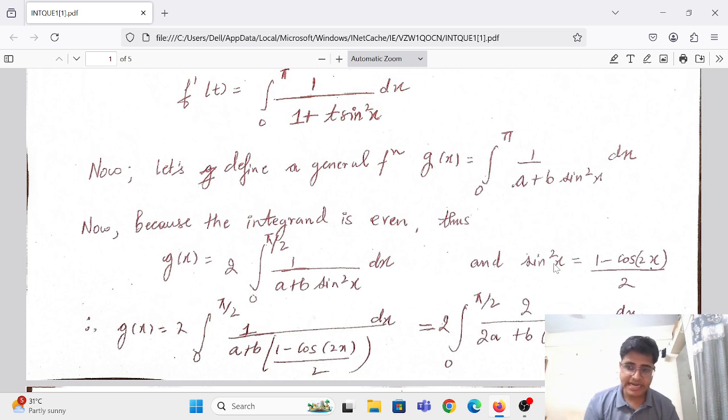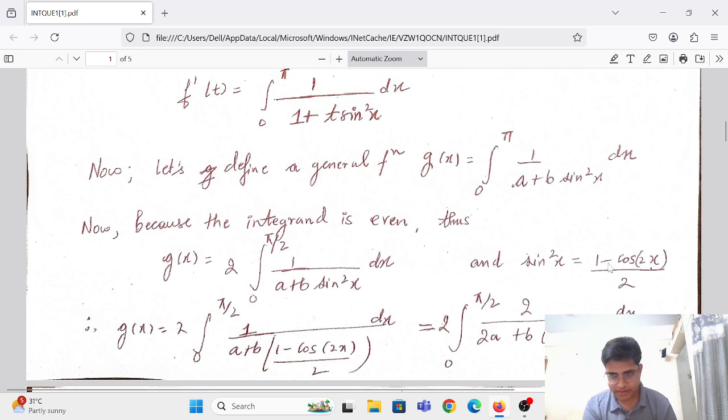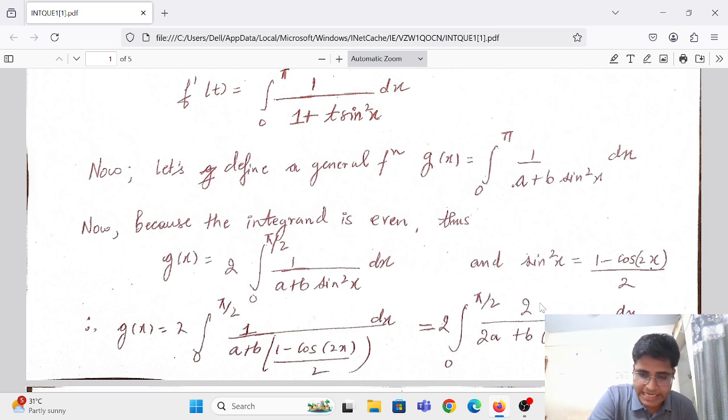So we use the third identity, that cos of 2x is 1 minus 2 sin squared of x. Using this property, if we replace sin squared of x over here, we get this. Now if we take 2 over here, we get 2a plus b times 1 minus cos 2x, and 2 goes in the numerator. So we get 2 times integral 0 to pi by 2 of 2 over 2a plus b times 1 minus cos 2x dx.